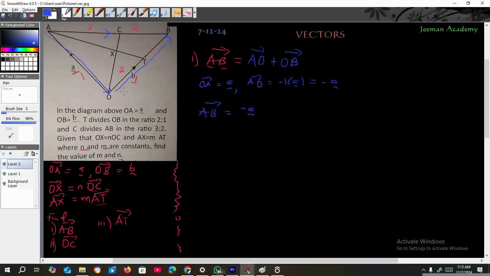O to A is A. So when we reverse the direction, that becomes A to O, it now becomes -A, plus vector OB, which is given as B. So we found the first vector AB. AB is given as minus A plus B.